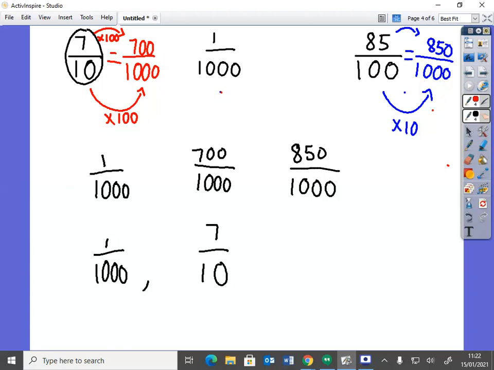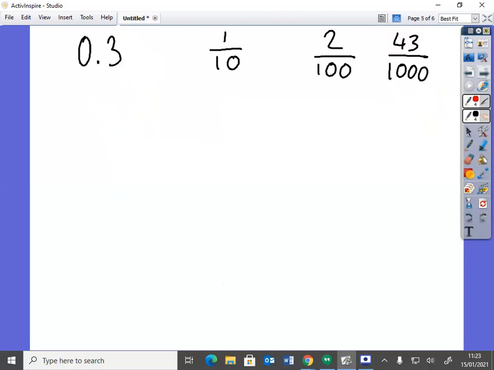And then how was 850 thousandths written in the question? Well, it was written as 85 hundredths. Separating them with commas, the fractions from the original question are now arranged in order from smallest to greatest.